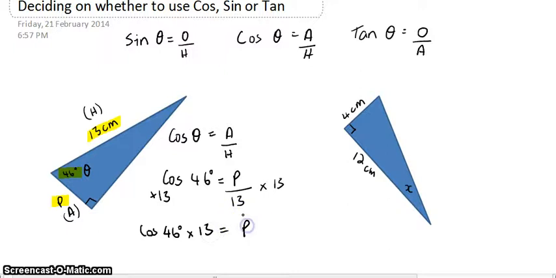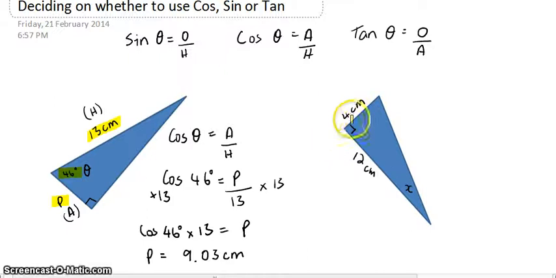Cos 46 times 13 equals P. Put that in our calculator, and we get P equals 9.03 centimeters, correct to 2 decimal places, and that's our answer for this question here. If you need to stop at any time and go back over it to check, you can.